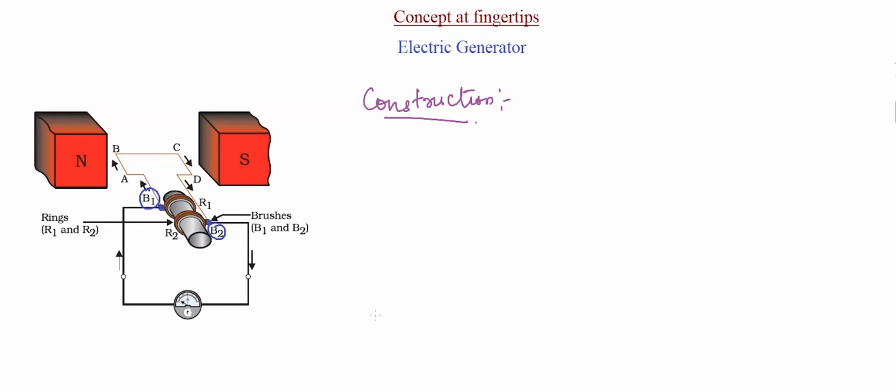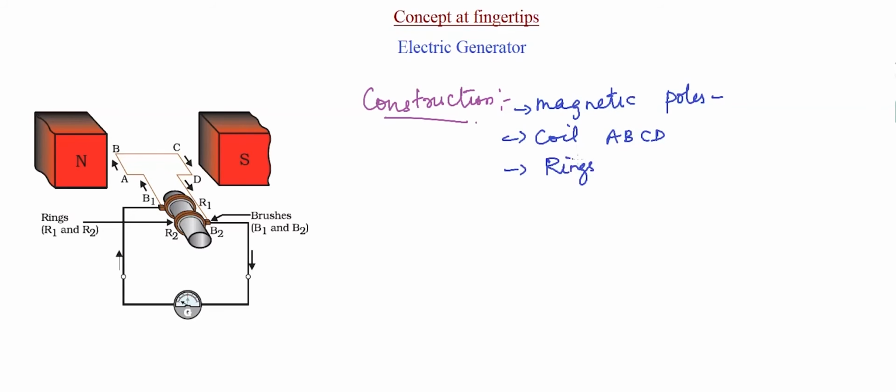So these are the basic construction of an electric generator. Basically it has a permanent magnet with magnetic poles, then it has a coil ABCD, then it has two rings R1 and R2.